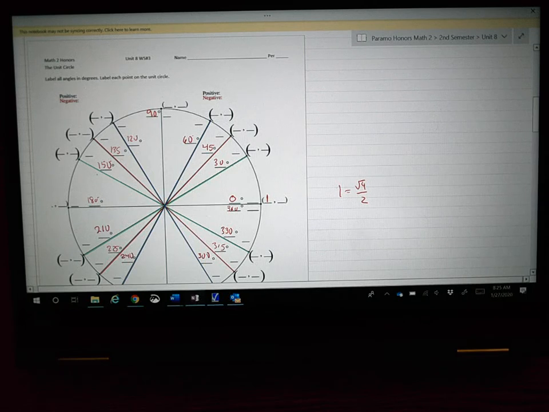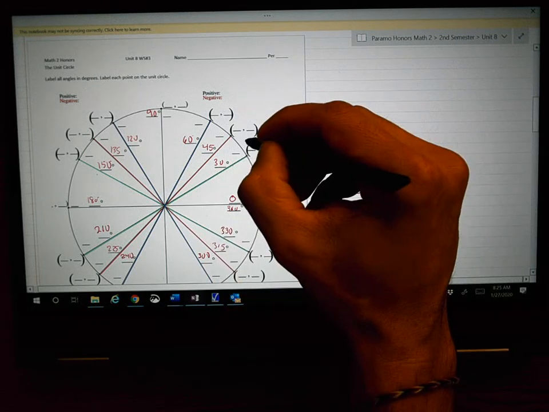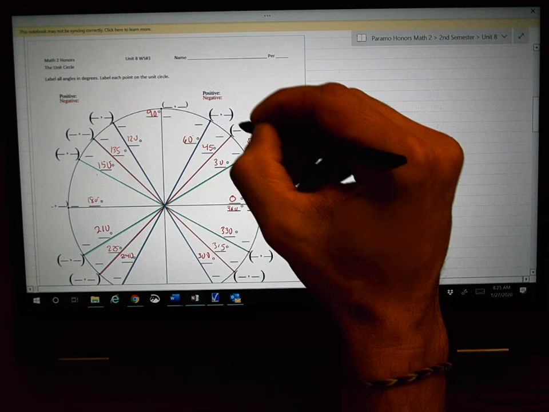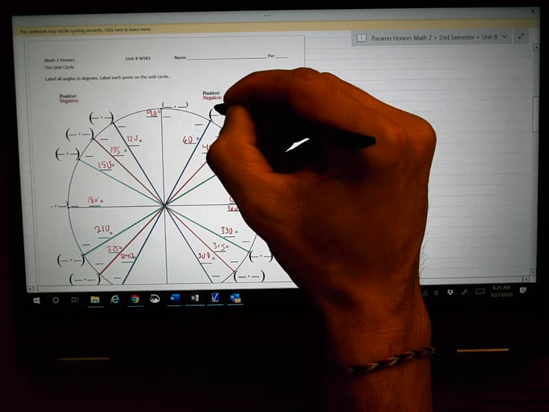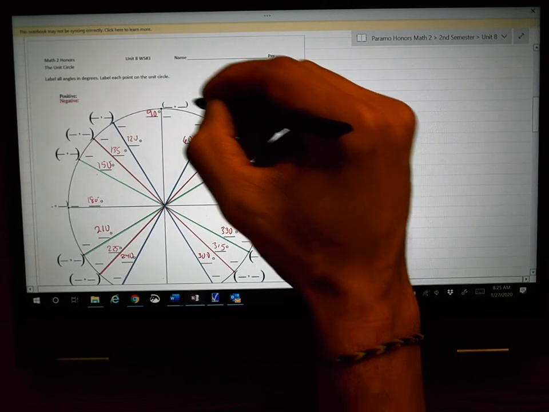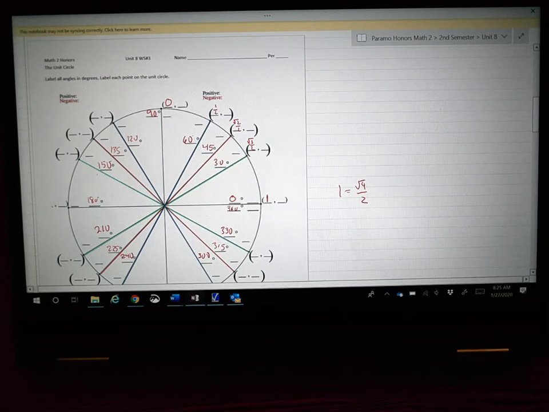And this is the fastest way to do it that I know of. Root 4 over 2, next cosine, root 3 over 2, root 2 over 2, root 1 over 2 simplifies, root 0 over 2 simplifies.